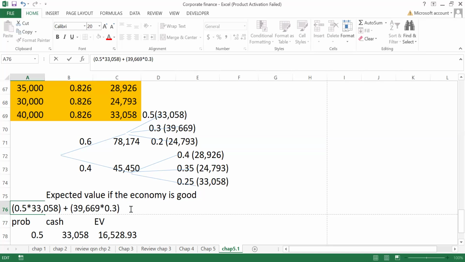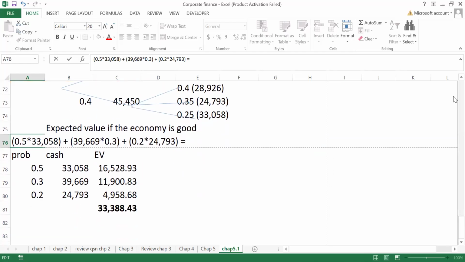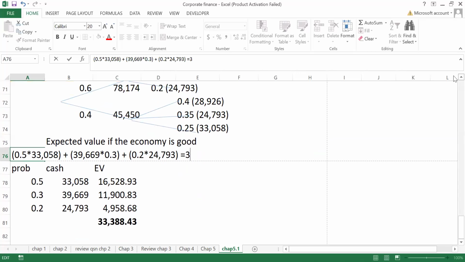Plus 0.2 times 24,793. And what we have got here is this one, 33,388.